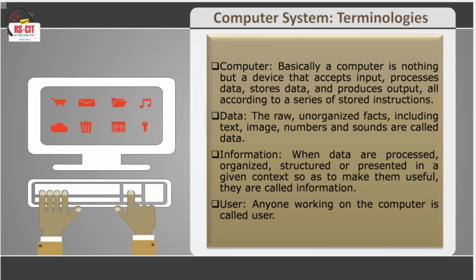The raw, unorganized facts, including text, images, numbers and sounds, are called data. Information. When data are processed, organized, structured or presented in a given context so as to make them useful, they are called information. User. Anyone working on the computer is called a user.